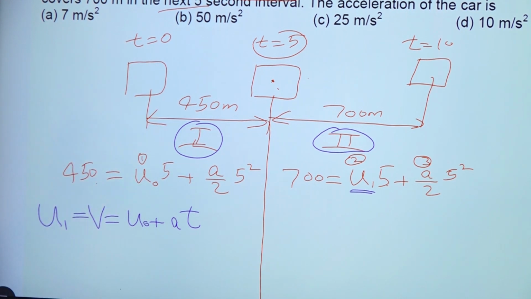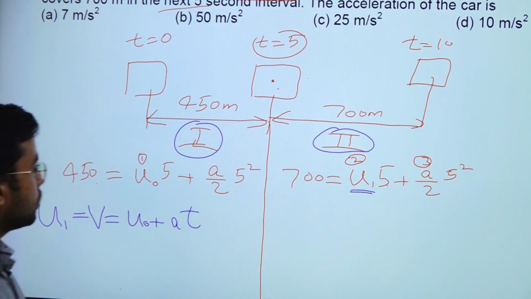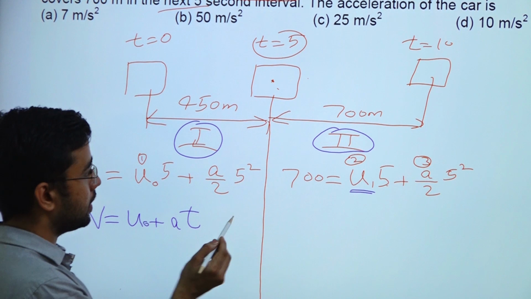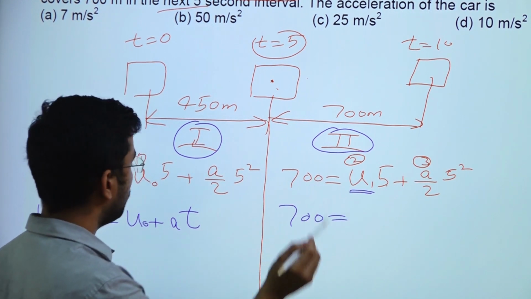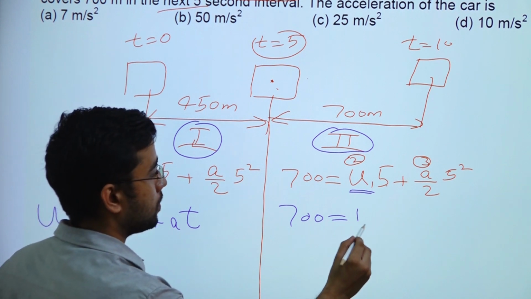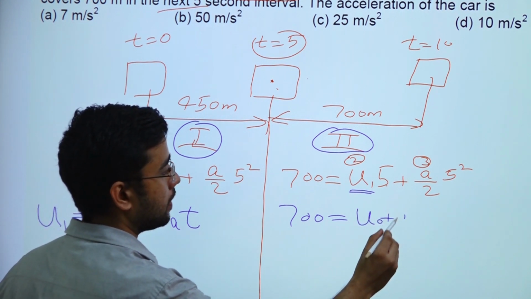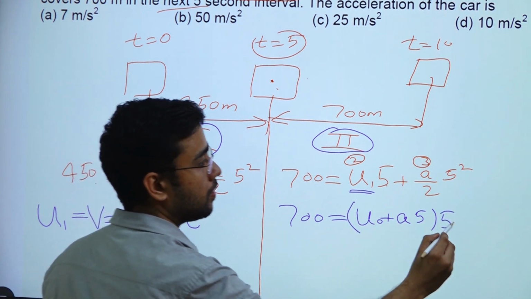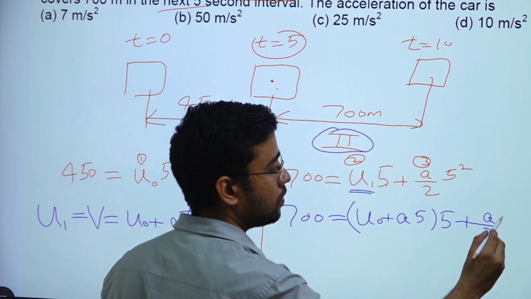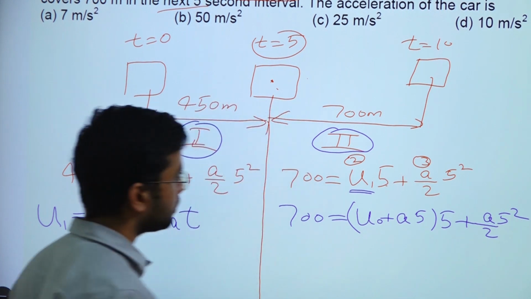Now we will replace u1 with u0 plus at. So 700 is equal to u1, which is u0 plus a into 5, t is 5, right? Plus a by 2, 5 square.